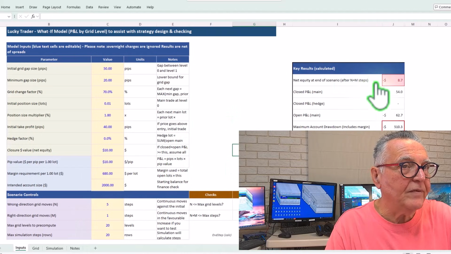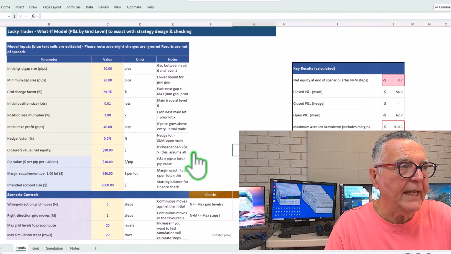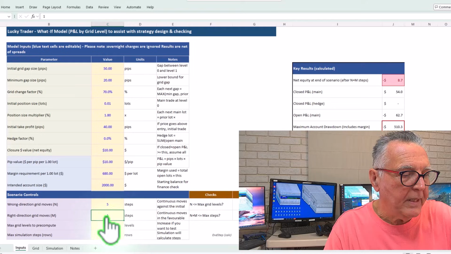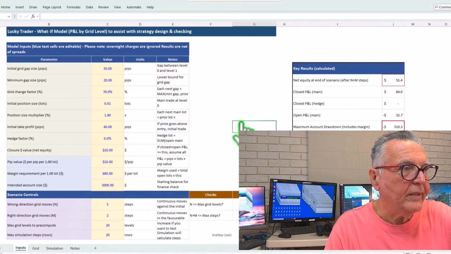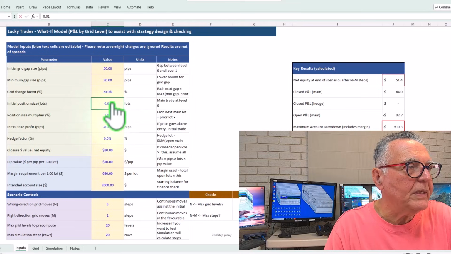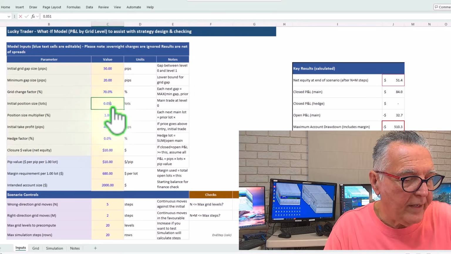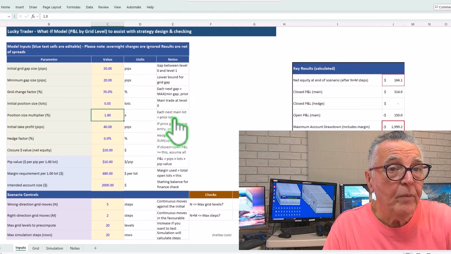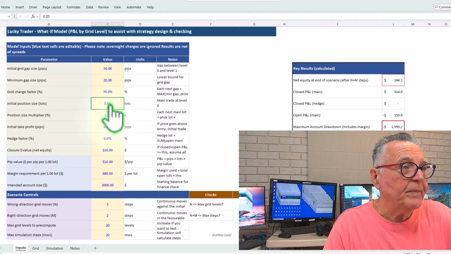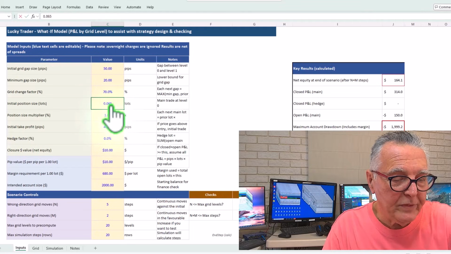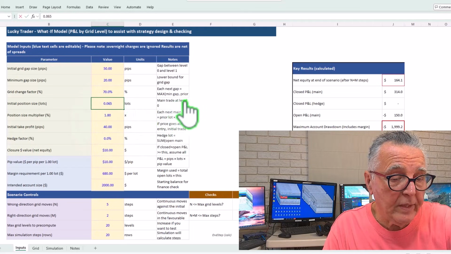All right, that's a negative. I don't particularly want a negative result, but let's just be silly and put the lot sizing to 5. Boom. Let's make it 6. Didn't work. I wanted to show you a margin call.